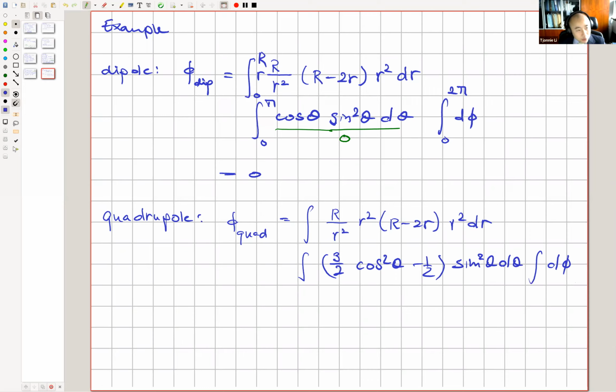Okay, I'll leave you to do this at home to solve this integral altogether. But again, this is simply standard techniques just to solve the integral. And then you get the whole quadrupole moment.